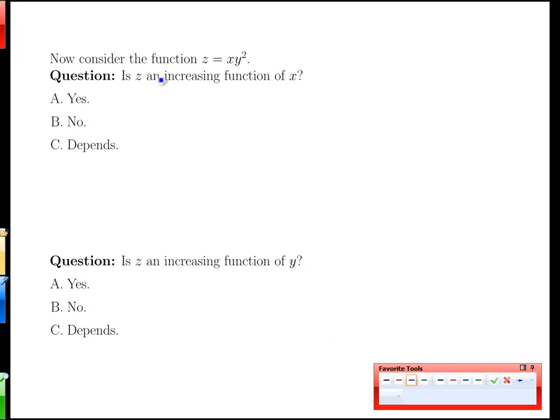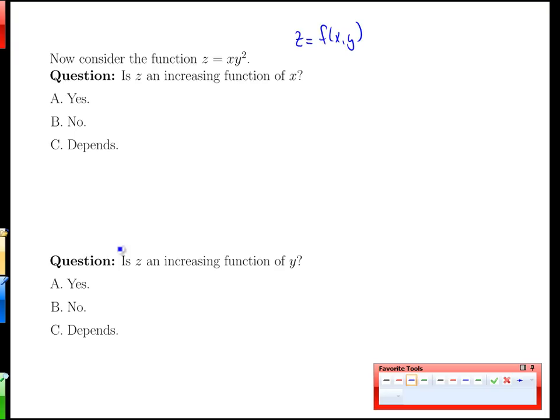Now let's make this a little more abstract. What if we have the function z is a function of x and y? So we would often write that as z is some function of x and y, two inputs. If we look at this formulation, is z an increasing function of x? I'll let you think about that for a moment.